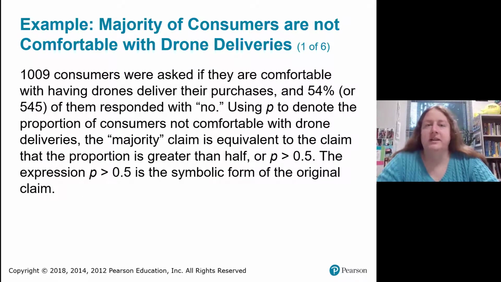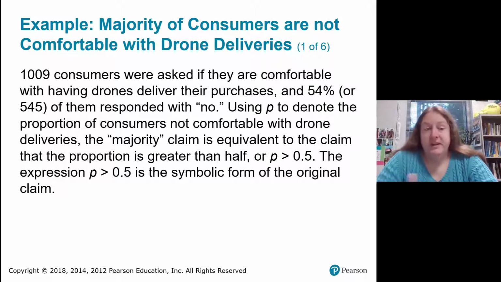Let's take a look at an example to understand what we're doing here. We want to know about the majority of consumers being comfortable with drone deliveries or not. The claim made is that the majority of consumers are not comfortable with drone deliveries.